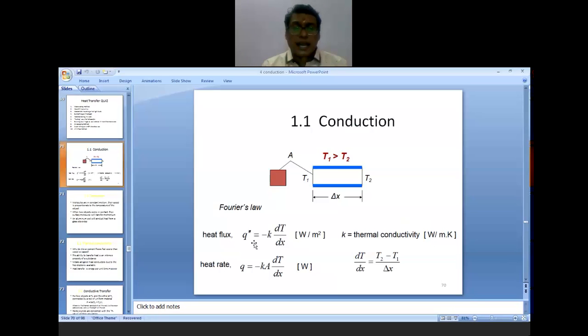Now A is taken on this side, so this becomes equal to Q by A. So Q by A is your heat flux, the heat transfer per unit area. The unit becomes watt per meter square, because we have divided by area.